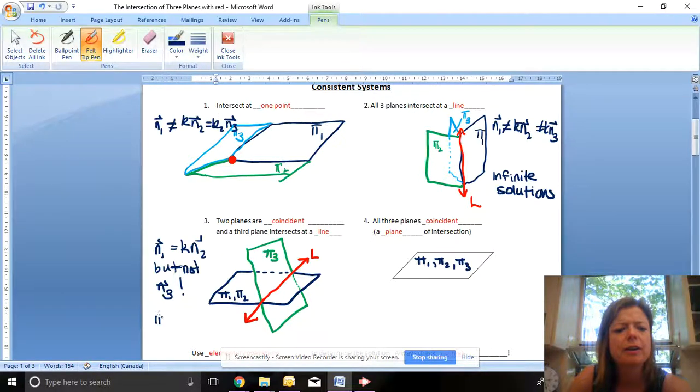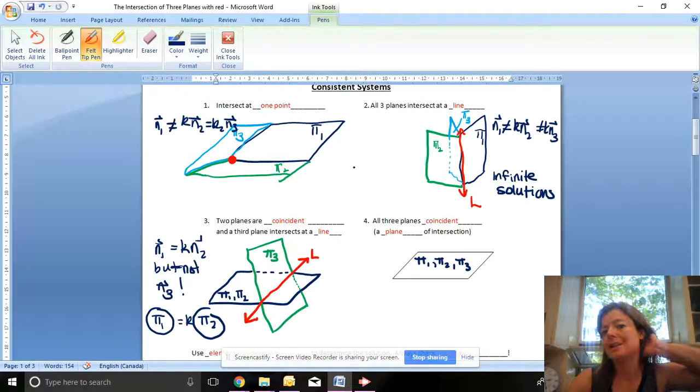So the entire equation of one plane would be equal to some scalar times the entire equation of the second plane. Not only are the normals scalar multiples, but the constant is as well. If just the normals are scalar multiples, but the constant isn't, what does that mean? That means that the planes are parallel. But in this case, they would have to be coincident.